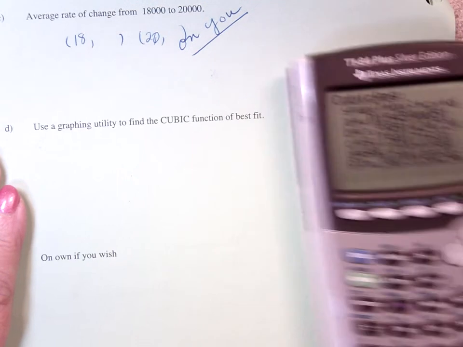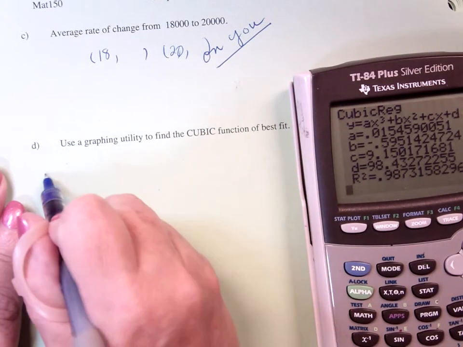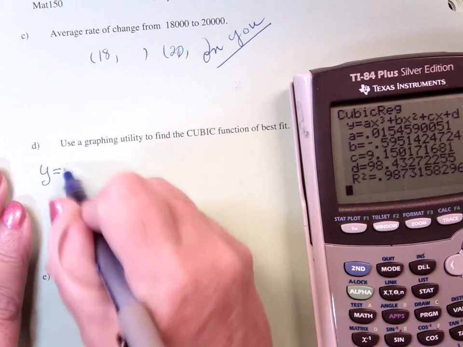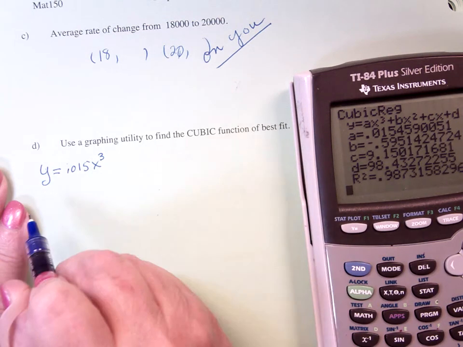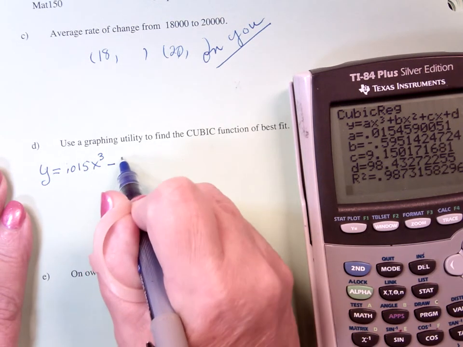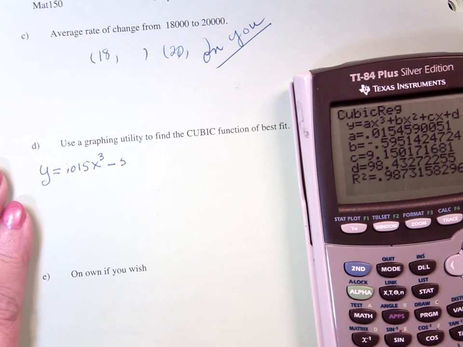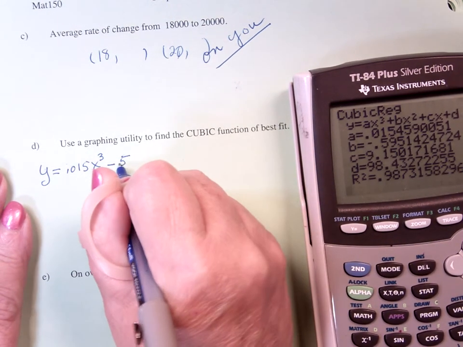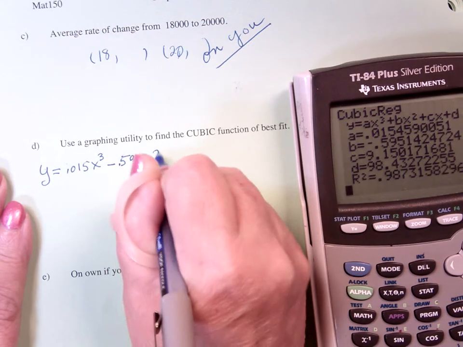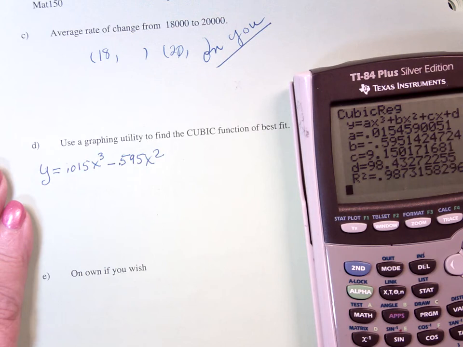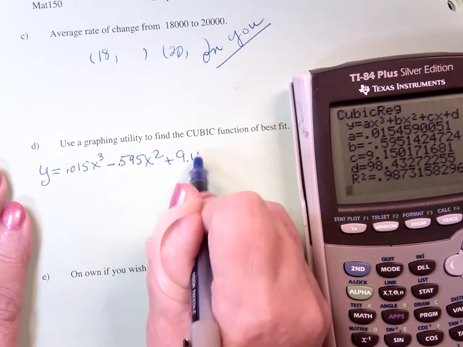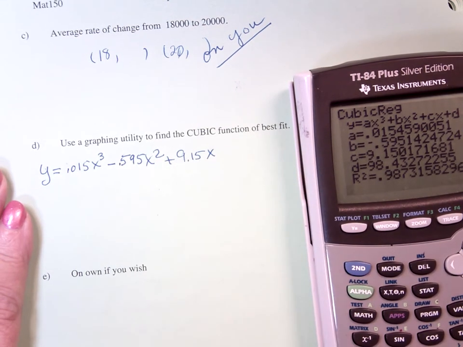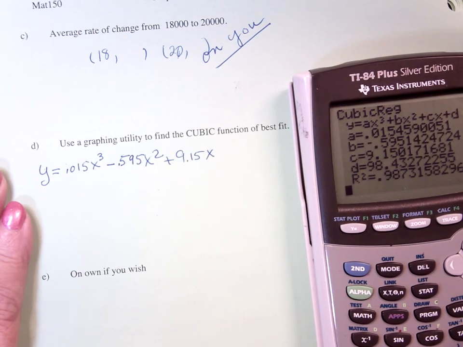And so we're going to get that y equals 0.015 x cubed minus 0.595 x squared plus 9.15 x plus 98.433.